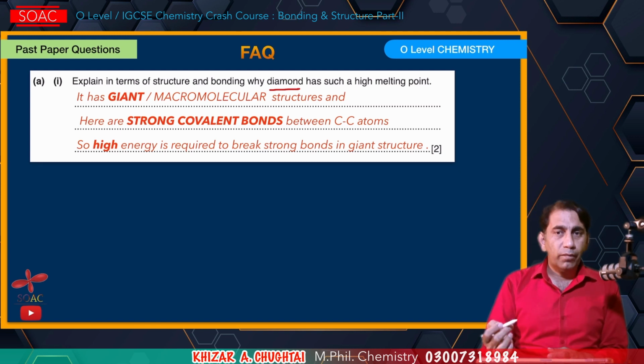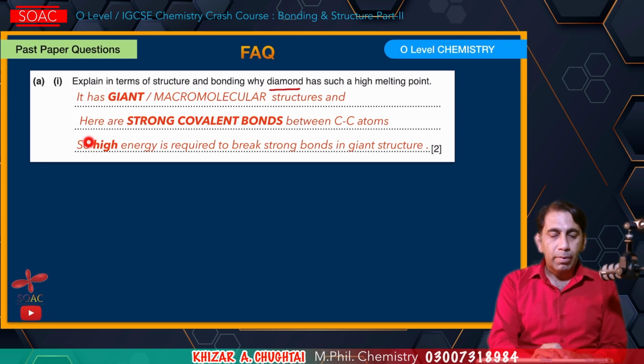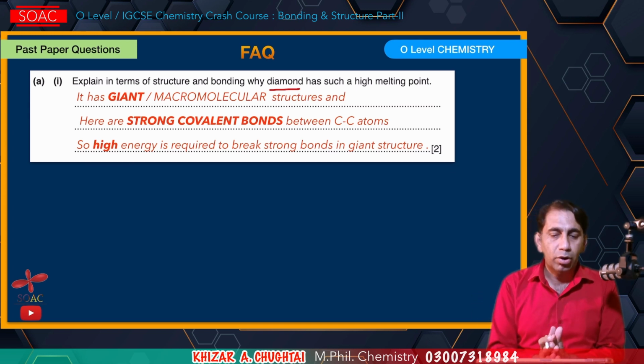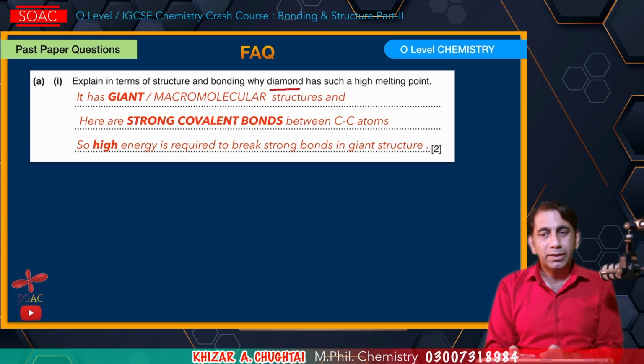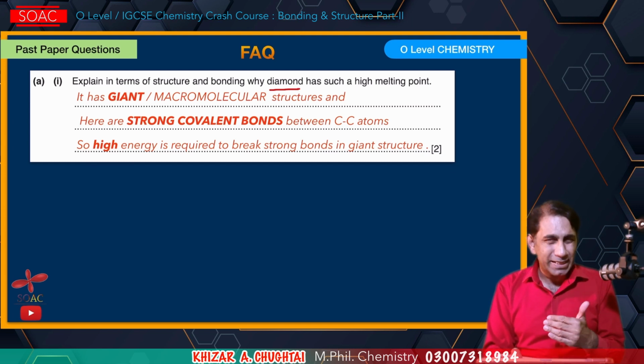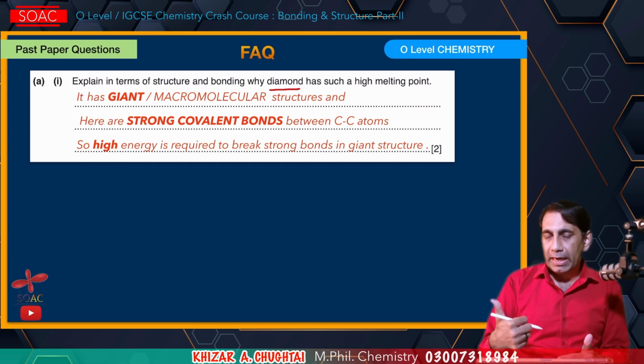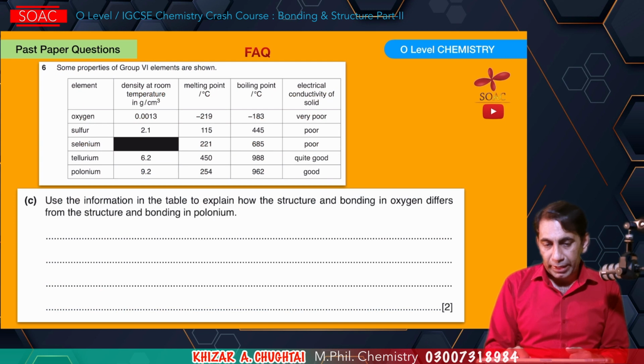Here are strong covalent carbon-carbon bonds. So a high amount of energy is required to break these carbon-carbon bonds in a giant structure. That is a model answer for the basic reason why macromolecules have high melting or high boiling points.